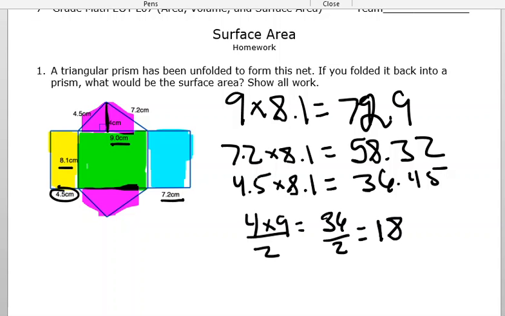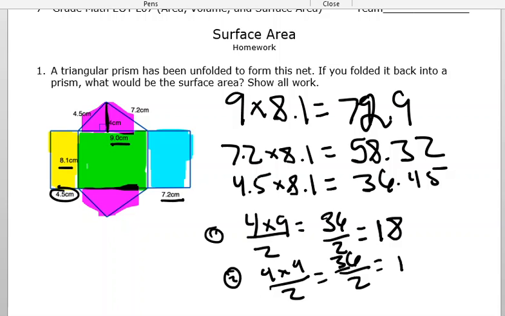All right, and that's for the first triangle. Triangle 2, same, 4 times 9 divided by 2, which is 36 divided by 2, which gives me 18.